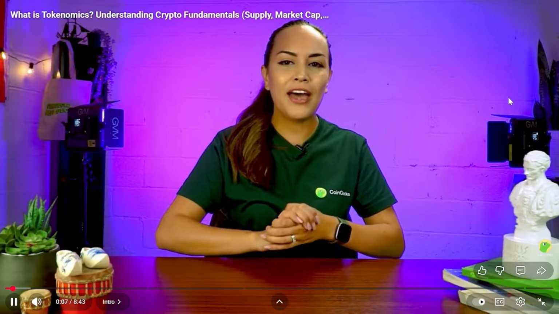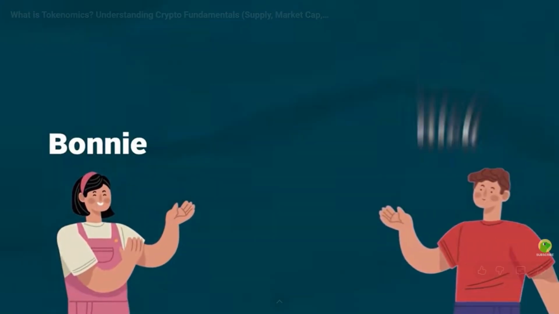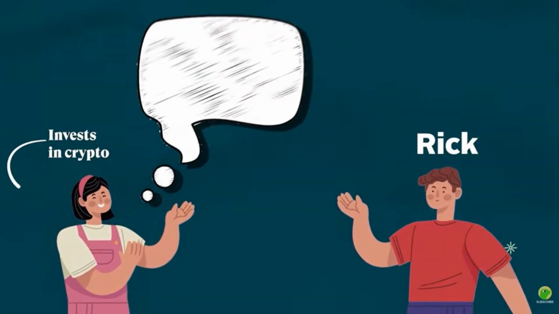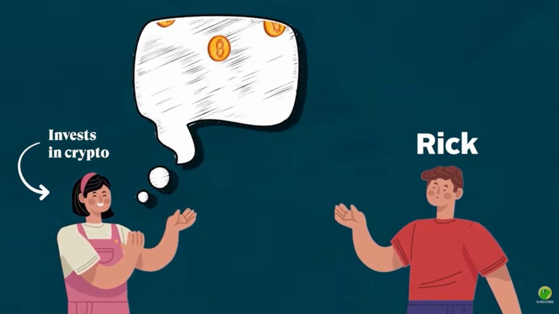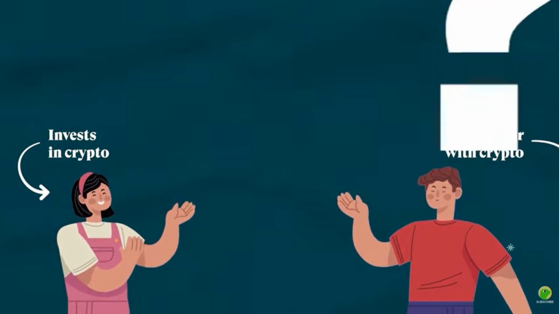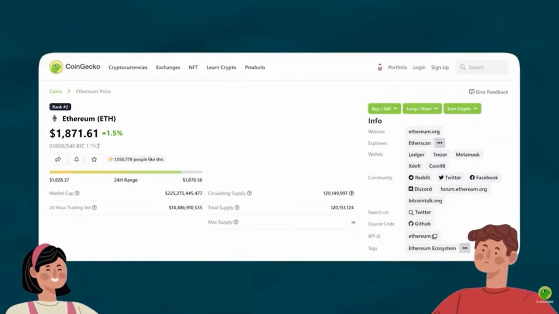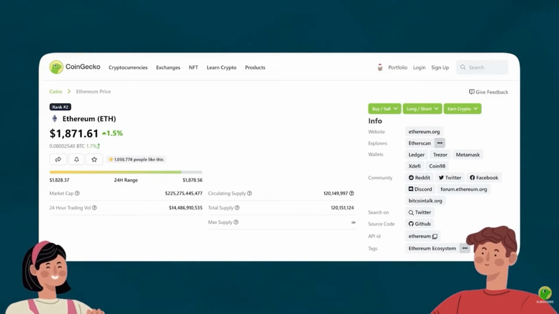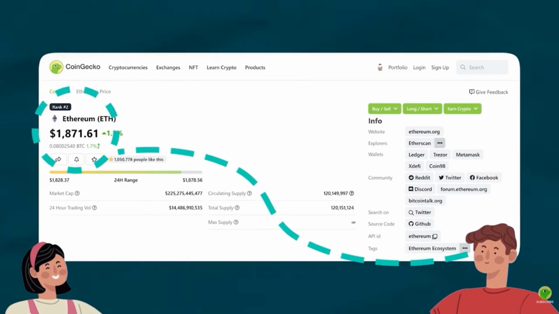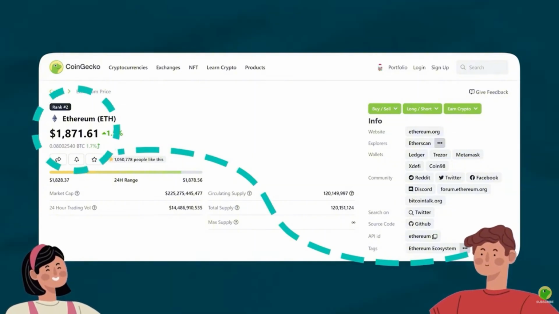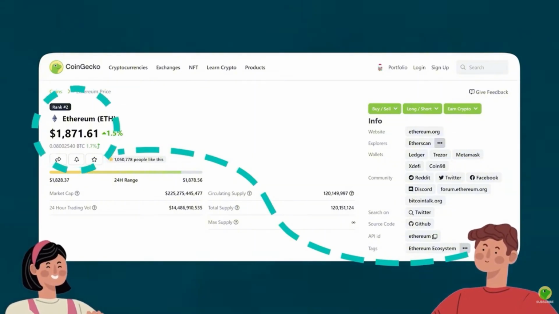All right, so we have two friends, Bonnie and Rick. Now, Bonnie here knows a thing or two about crypto and holds some assets, while Rick doesn't really pay much attention to the space. We show both of them Ethereum's coin page on CoinGecko. How do you think each of them will interpret the information on the page? Since Rick doesn't really know much about crypto, the coin's price will probably be the only thing that will grab his attention and make sense to him, right?